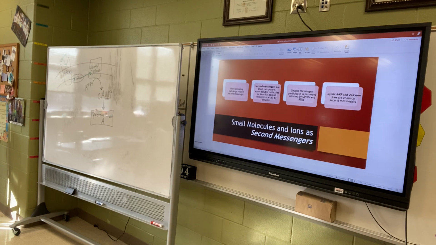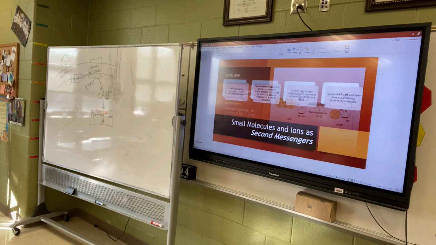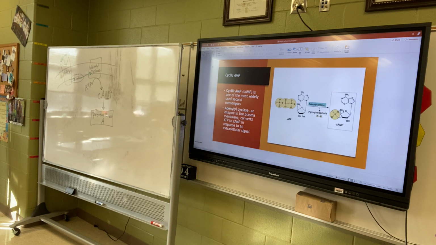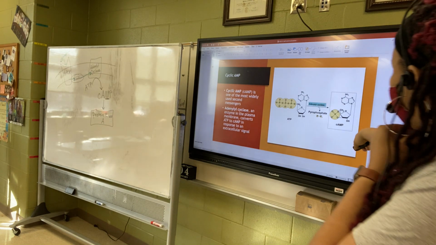Got it? All right. So, cyclic AMP and calcium ions are your most common second messengers. There's more, but these are the two I need you to know. Cyclic AMP and calcium ions. This is just showing the formation of cyclic AMP, showing how adenylyl cyclase converts ATP to cyclic AMP by removing two phosphate groups, and then the phosphate group that remains.